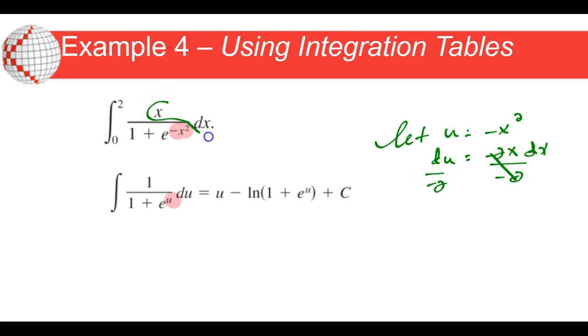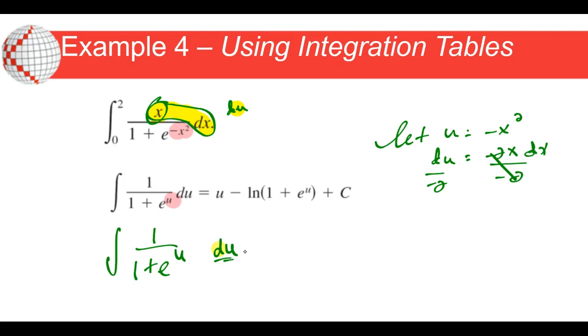So I'm going to let this x dx be my du in the substitution. So I'm really integrating 1 over 1 plus e to the u, because remember this x up top is part of my du.